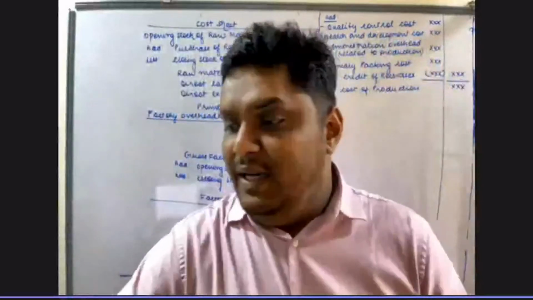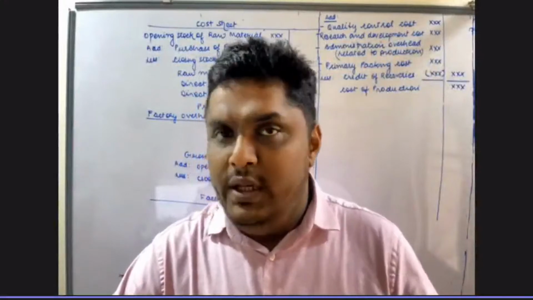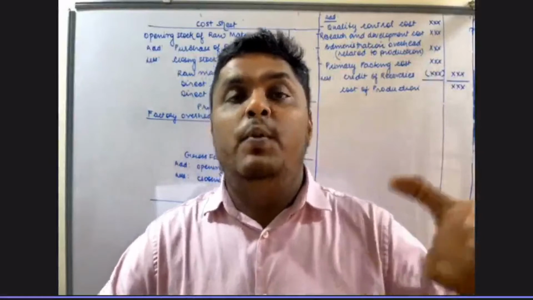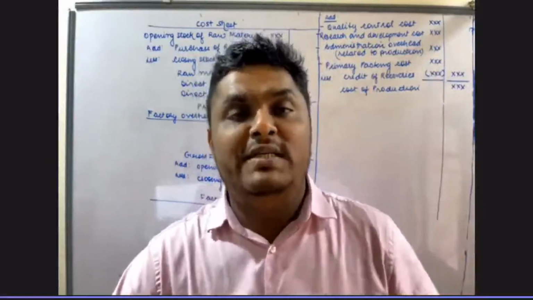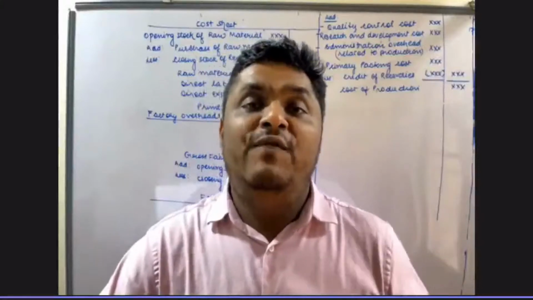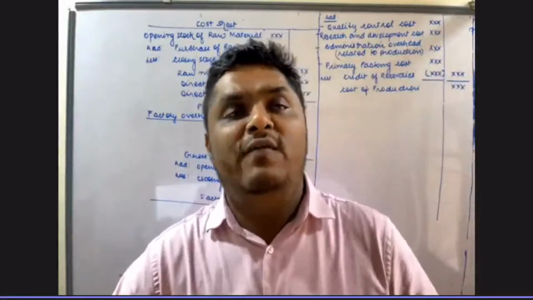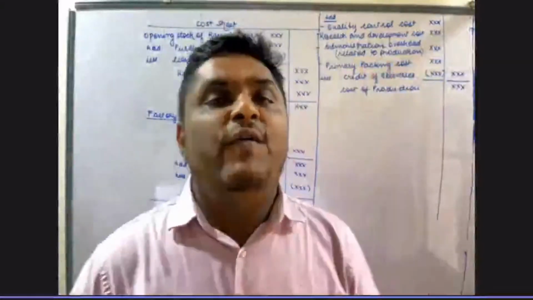I'll be covering this part, Sudhanshu, don't worry. So research is done either for the improvement in the product or the production process or for the betterment of the labor force or workforce, then any sort of research and development cost incurred will form part of cost sheet.